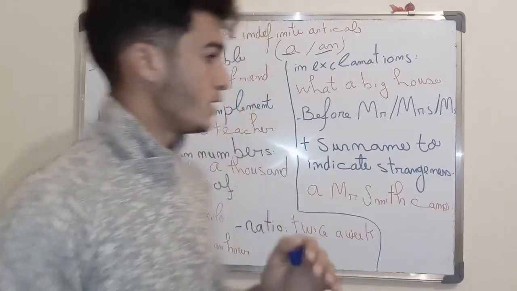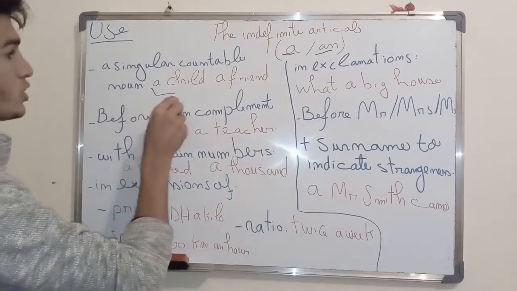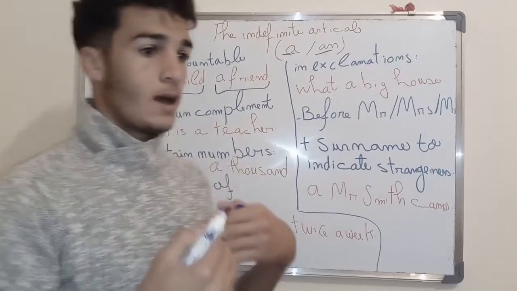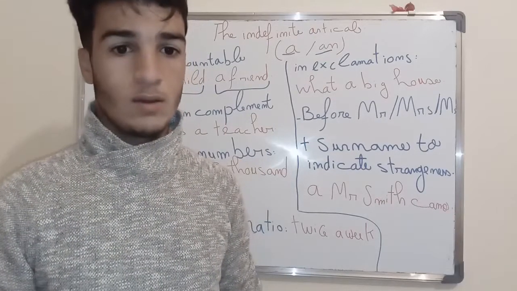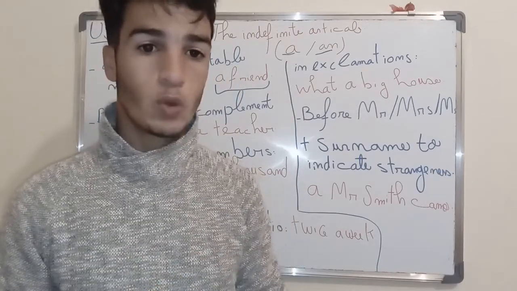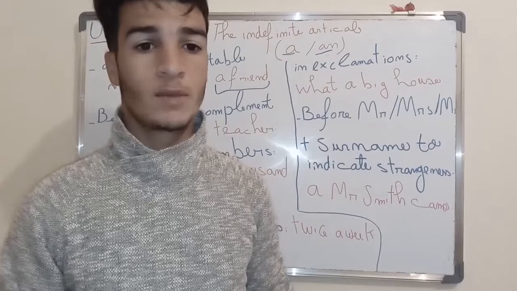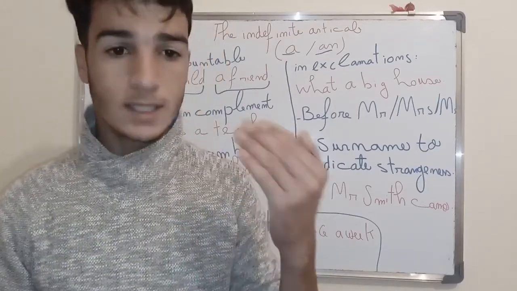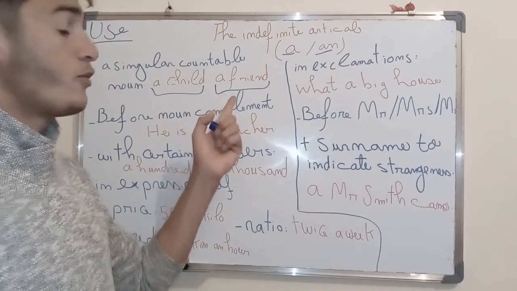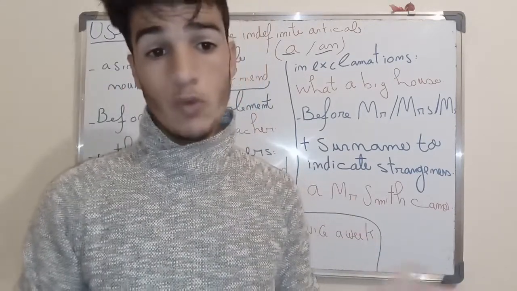For example, here we have a child, a friend. We can say I have a child, and we can say I have children. Children is plural, so we don't use the indefinite article. We use the indefinite article before singular nouns. The same here, a friend is one friend.